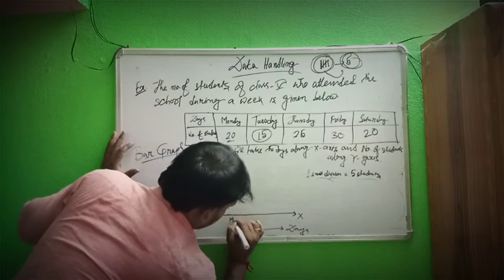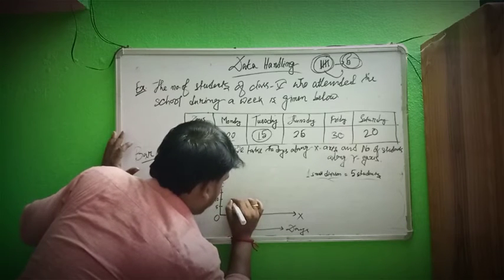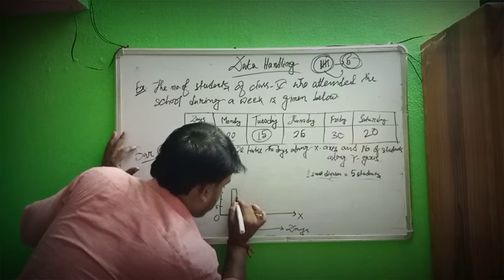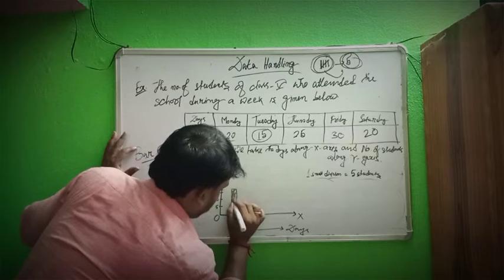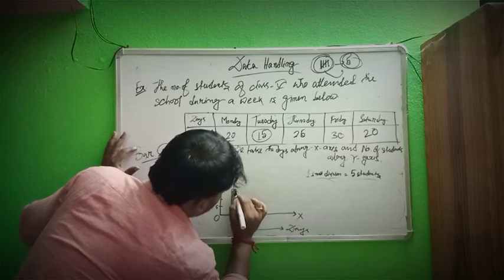In Monday the value is up to 20. So it is 20, and you can set the bar by pencil.